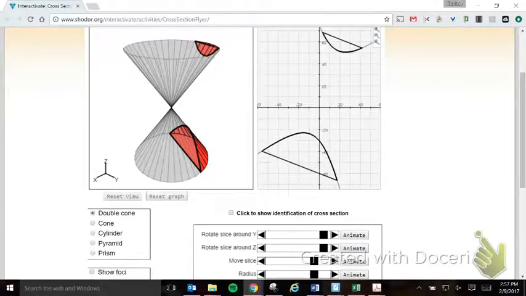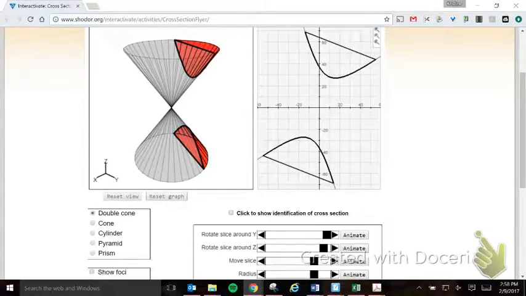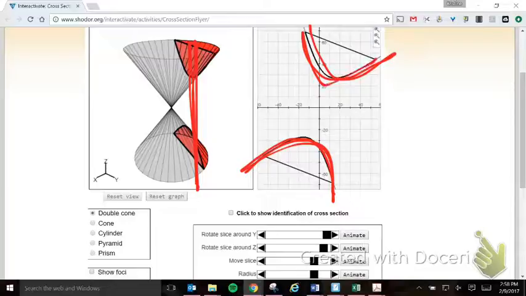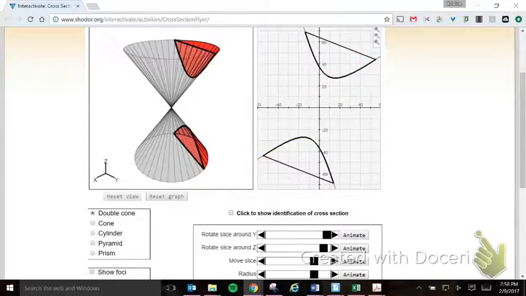And then the last case is if I take this plane and I intersect both cones. So I make it kind of parallel to that middle axis and slice it this way. That creates what looks like one parabola and then another parabola. That is actually going to be called a hyperbola.